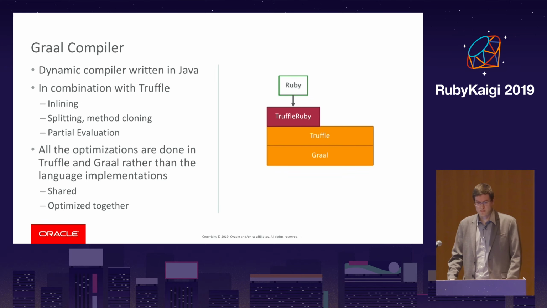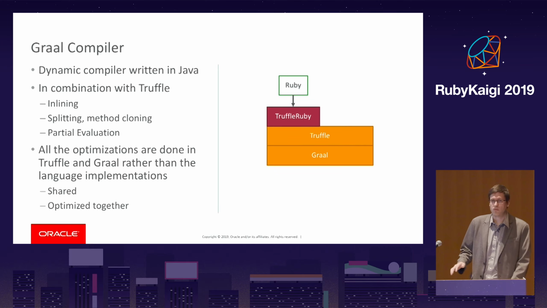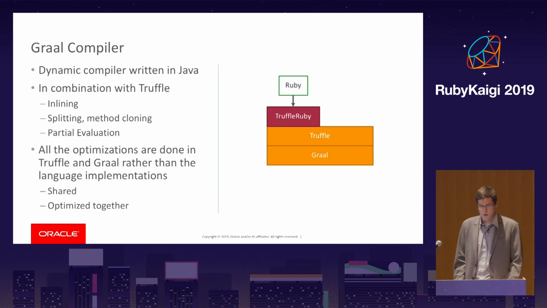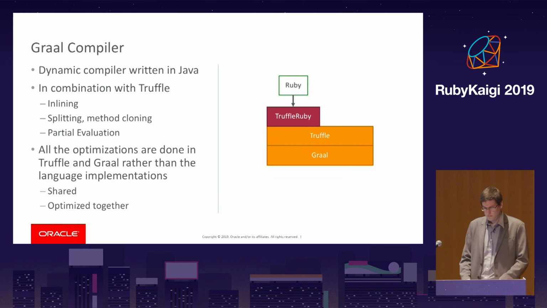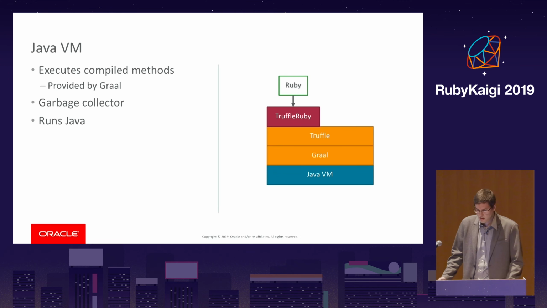And this means that all these optimizations are done, let's say, below the level of the implementations of the languages, which means that you get it for all of them, and you need to implement it only once, and you can also optimize them together. And of course, the last piece is that at the bottom there is a Java VM, which executes the compiled methods provided by Graal. And of course, there is a garbage collector there, and it executes the runtime in Java.